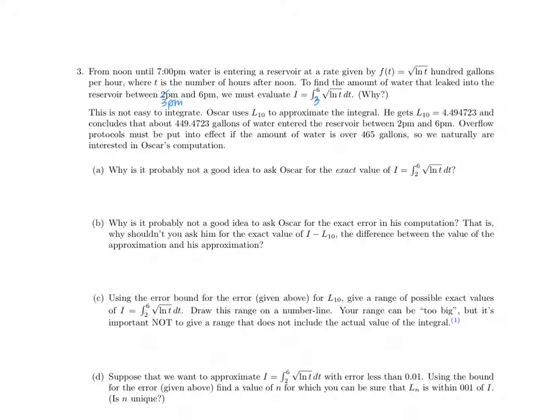And so Oscar uses a left-hand approximating method using 10 subintervals to approximate this integral. Now in class, I used this 4.494723 value right over here, even though I didn't have the L10 for the integral from 3 to 6. This is the L10 for the integral from 2 to 6. I can actually update that.